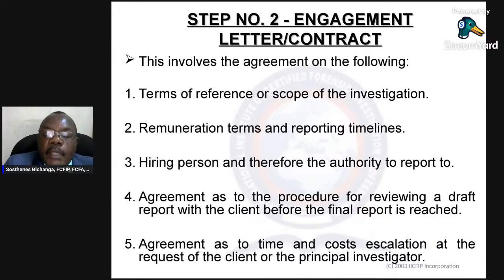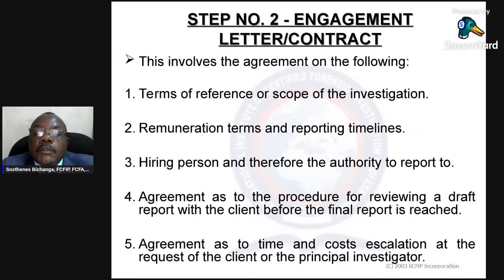We know whether we need specialized experts like digital forensics experts. We know and we are prepared where to get them from. We have already estimated how much each expert will cost us, because we already have the estimate of the number of such special experts to use on the investigation.